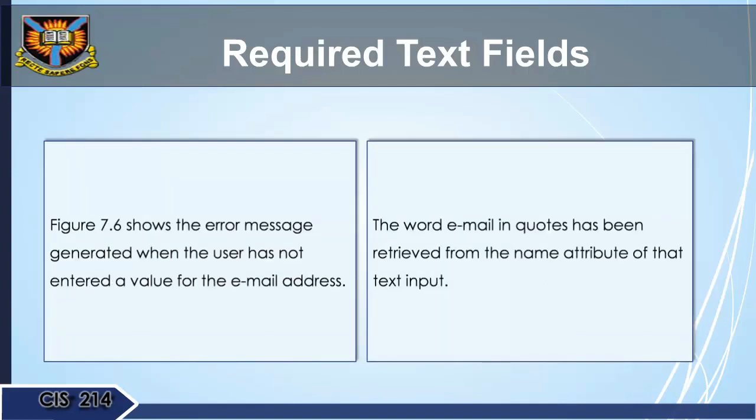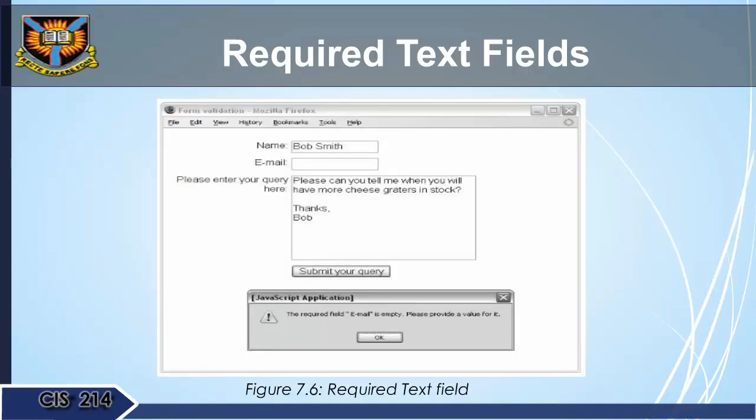Figure 7.6 shows the error message generated when the user has not entered a value for the email address. The word email in quotes has been retrieved from the name attribute of that text input. Figure 7.6, required text field.